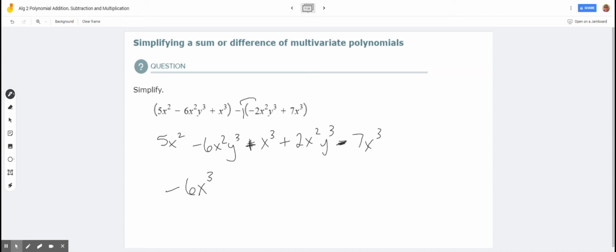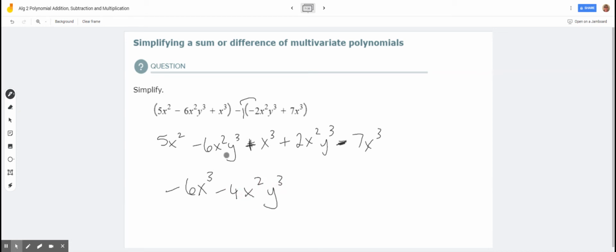Then we are going to go to the x squared y cubed term first before the x squared, but don't stress out too much about this. Negative 6 plus 2 is actually negative 4x squared y cubed.